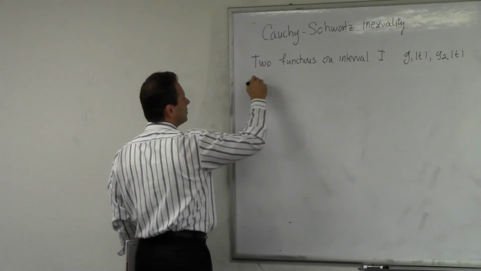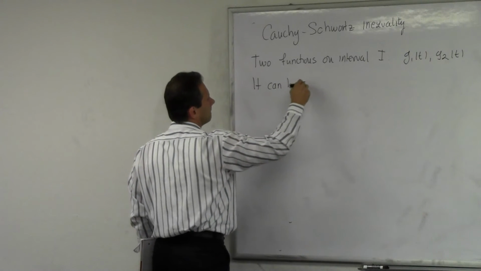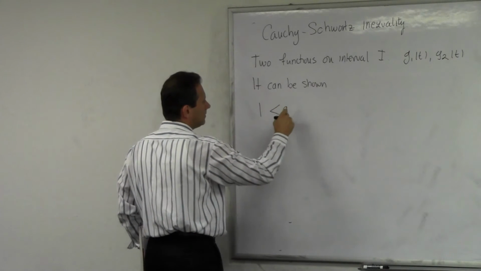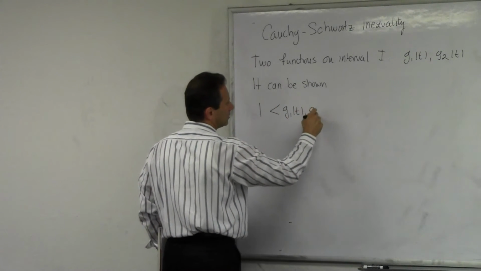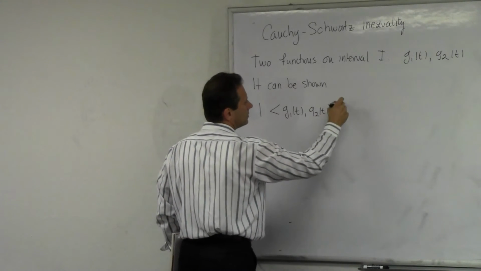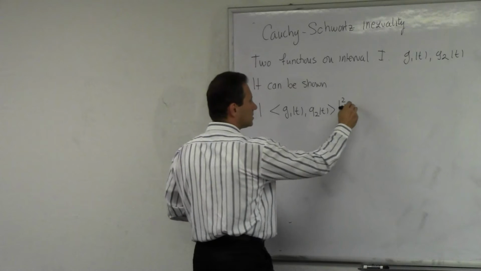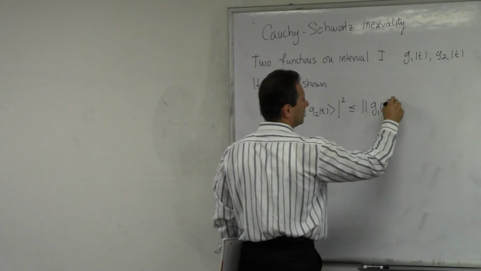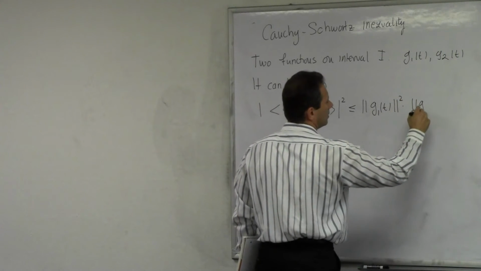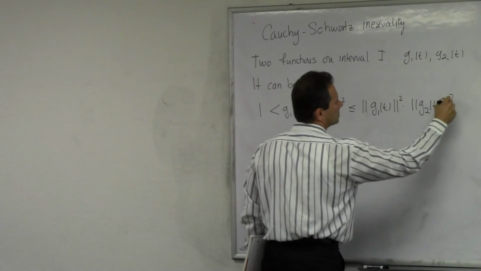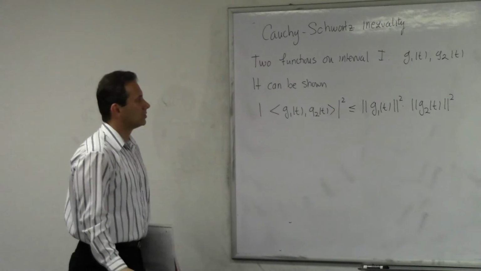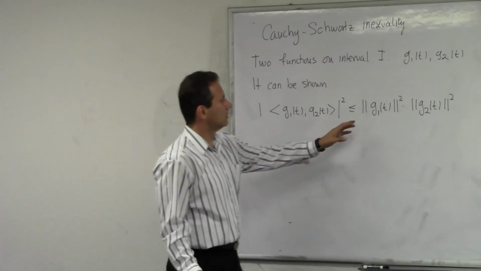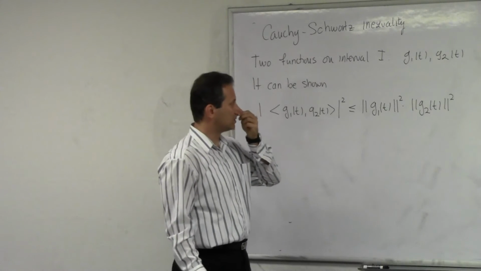It can be shown that the magnitude squared of the dot product of G1 of t and G2 of t is smaller than the norm of G1 of t squared times the norm of G2 of t squared. So the dot product between 2 functions is smaller than the product of the norms of the 2 functions squared.